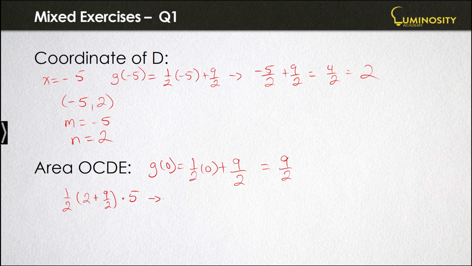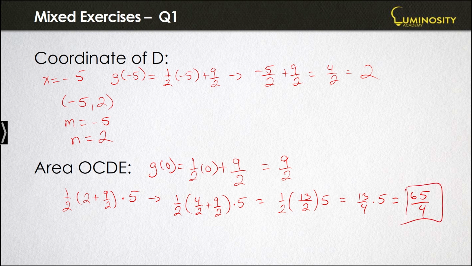Putting both into fraction form, we have half of 4 over 2 plus 9 over 2 times 5, which is half of 13 over 2 times 5. Half of 13 over 2 gives 13 over 4, times 5 gives 65 over 4. And this will be your area of OCDE.